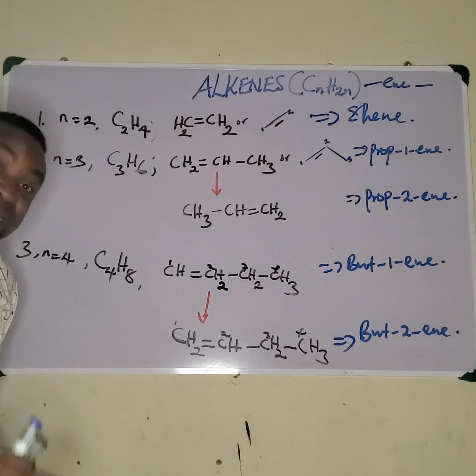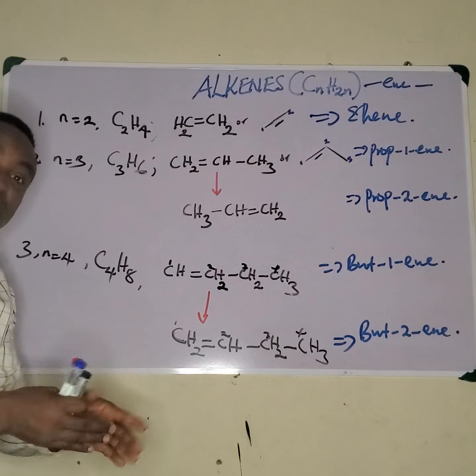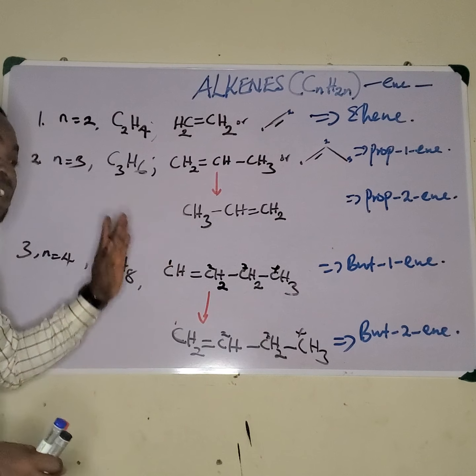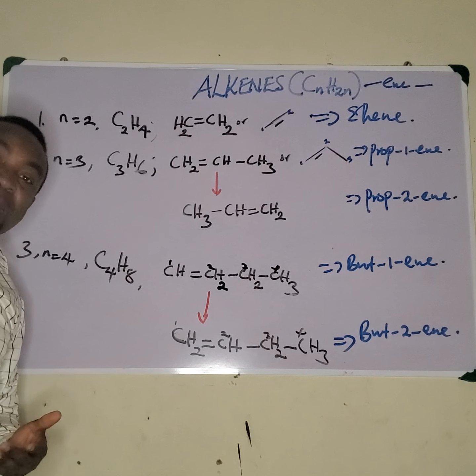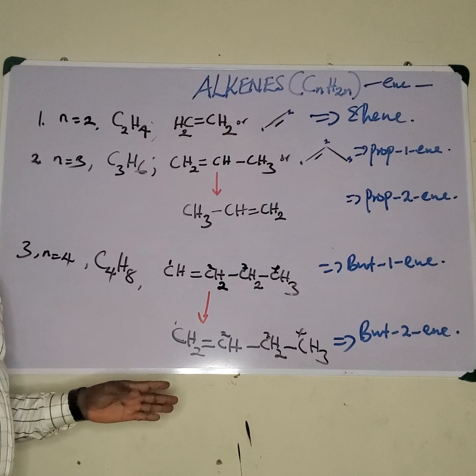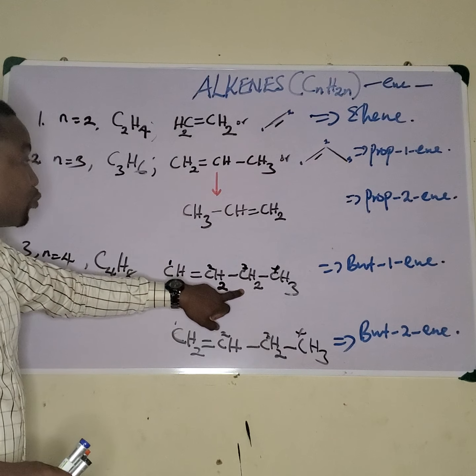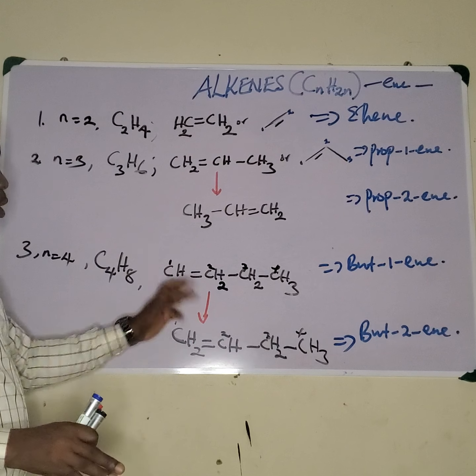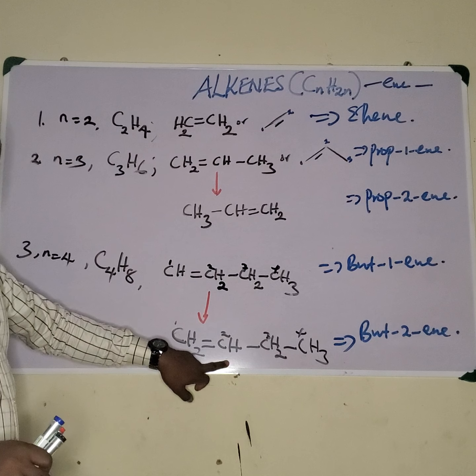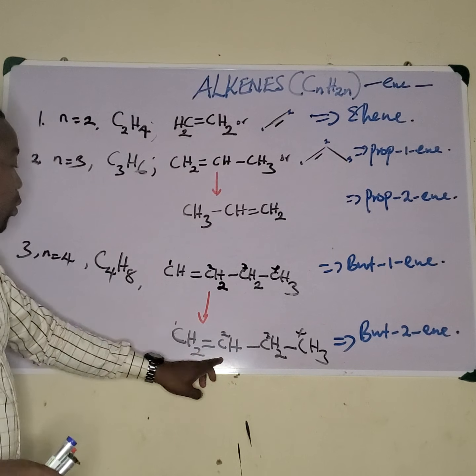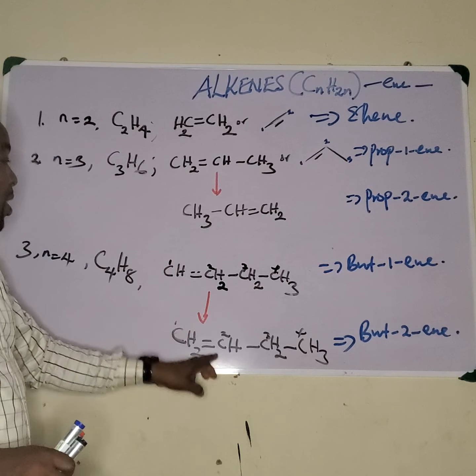You know what isomerism is? It's a phenomenon in which an organic compound has the same molecular formula but different structures. For example, but-1-ene and but-2-ene have the same molecular formula but different structural formulas. Look at this one. We have changed the structure from here to this.